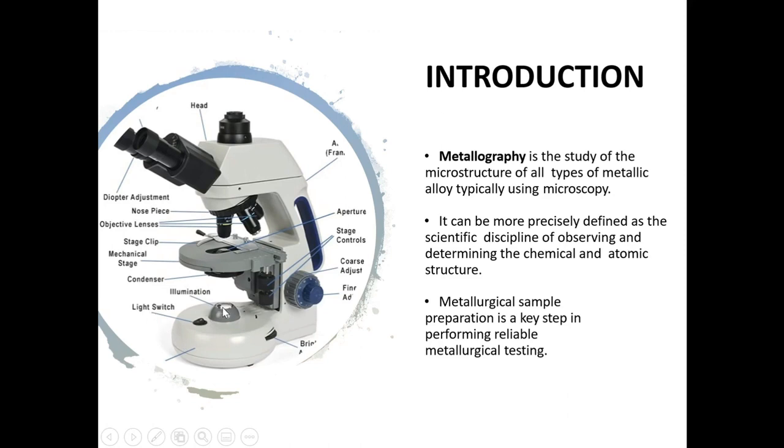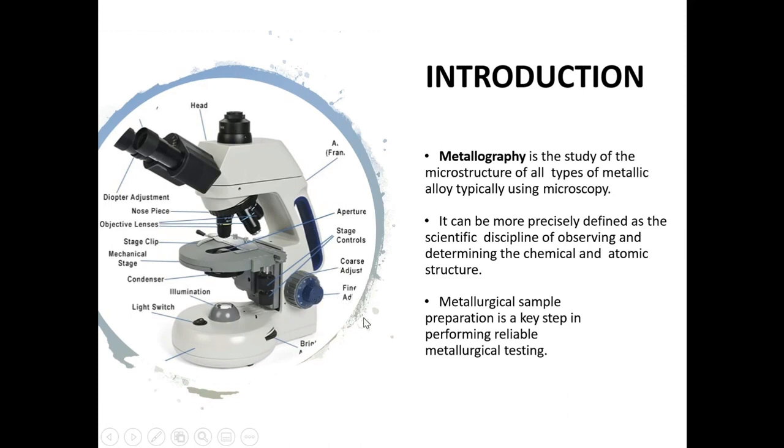This is the illumination. And this is a coarse adjustment and fine adjustment, where you adjust the position of the workpiece from the lens. Once you put the workpiece over this table, you can adjust the distance from the lens by means of this coarse adjustment and fine adjustment knob.